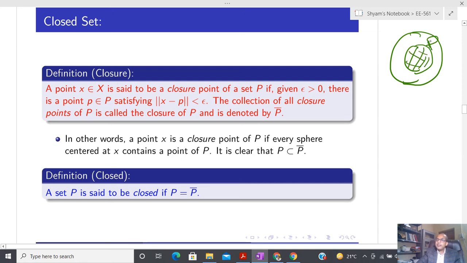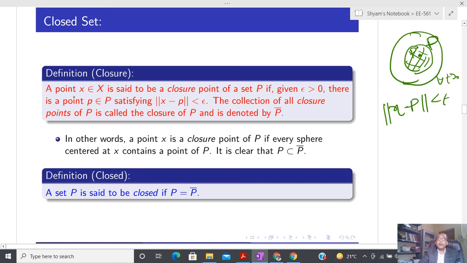I have selected some portion P, and some point x such that this relation is satisfied for all epsilon greater than 0. Now here we are telling that a point x belongs to X. You have flexibility, and x may be any point in the normed linear space that is closer to a set P.